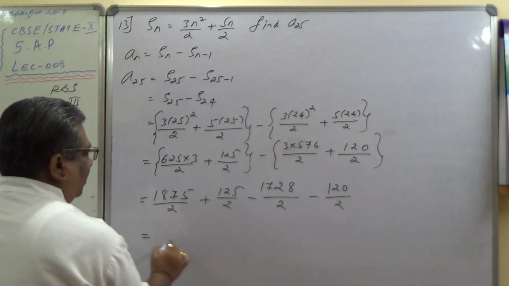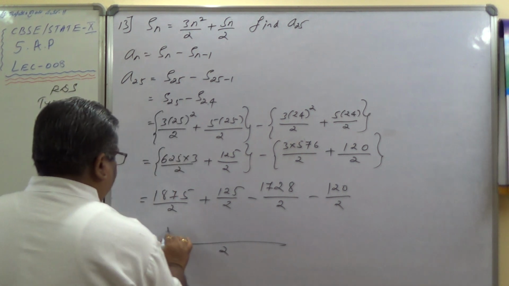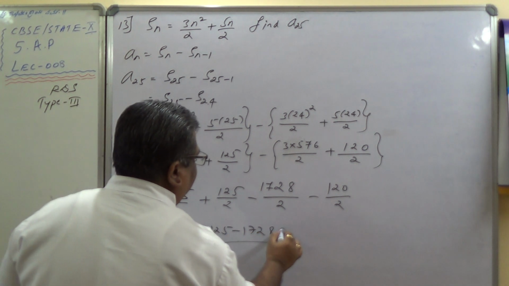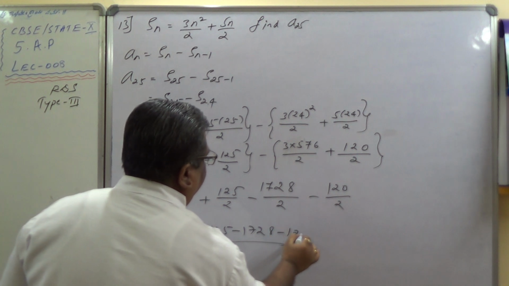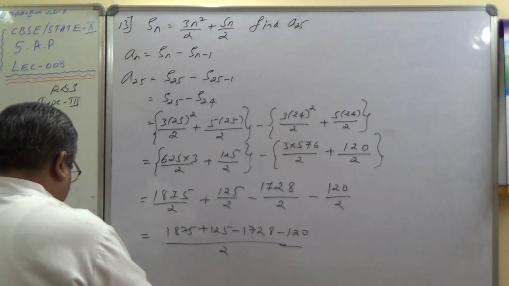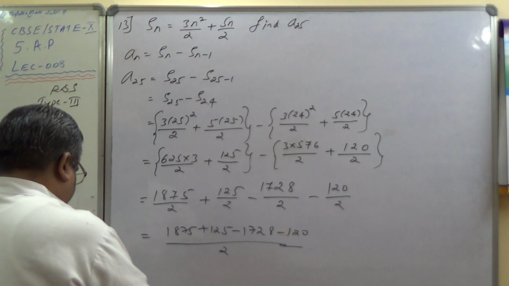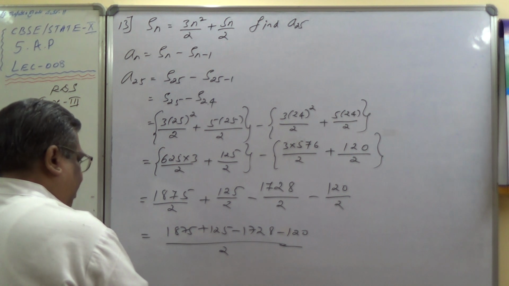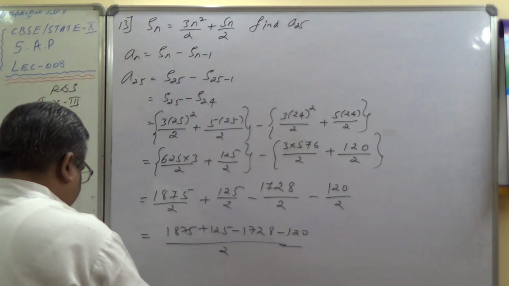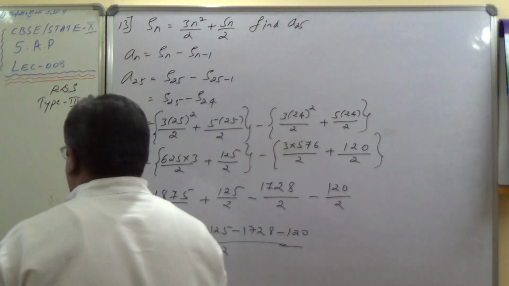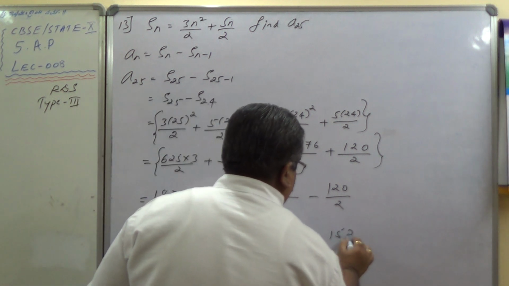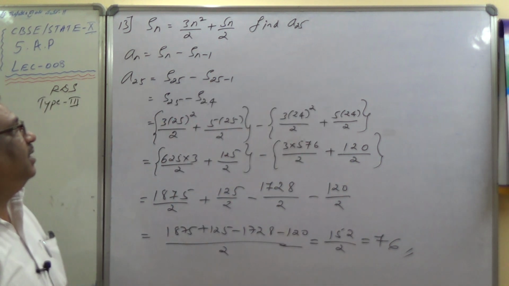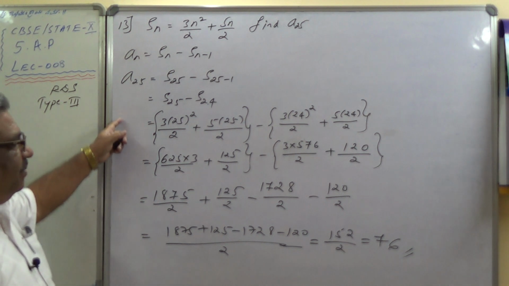So the LCM is finally 2 here. 1875 plus 125 minus 1728 minus 120. We are getting 152. Correct, it is 152 by 2, which is 76. So finally what we have got is A25, the 25th term, is 76.